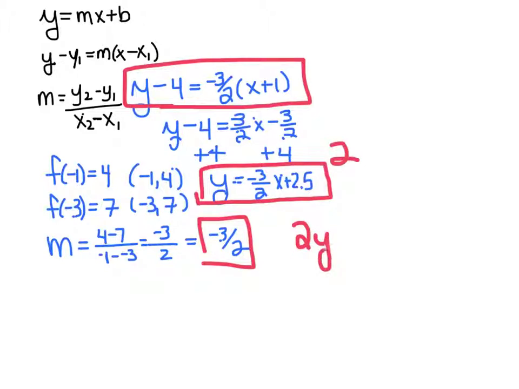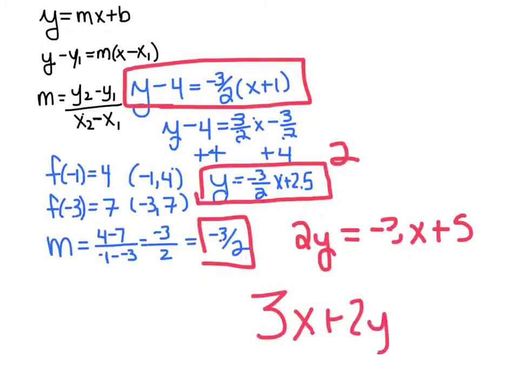So that's 2y equals negative 3x plus 5. And move the 3x over: 3x plus 2y equals 5. That's standard form. Now this is a little bit easier because you have these equations up on the wall in my classroom, but remember to pay attention to what form it asks you to give the answer in.